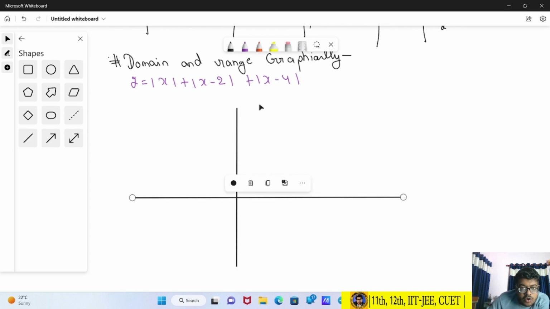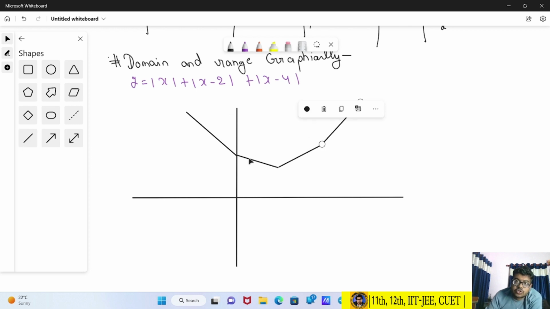Now we know here will come three turning points, x equal to 0, x equal to 2, and x is equal to 4, and it goes like this.